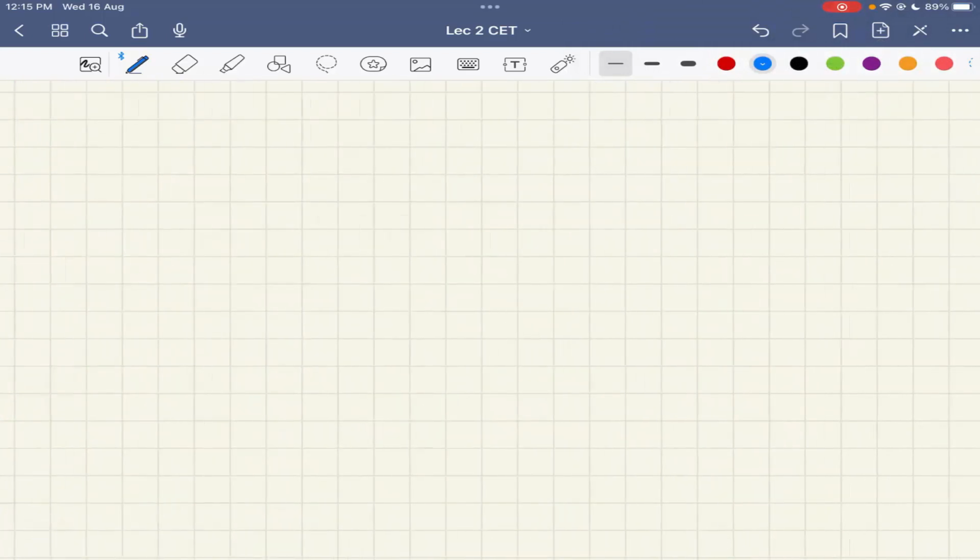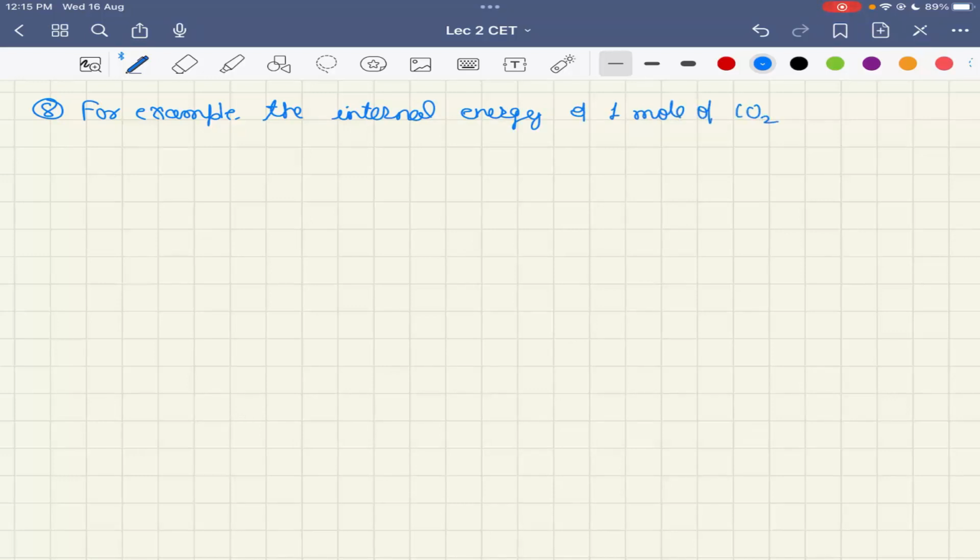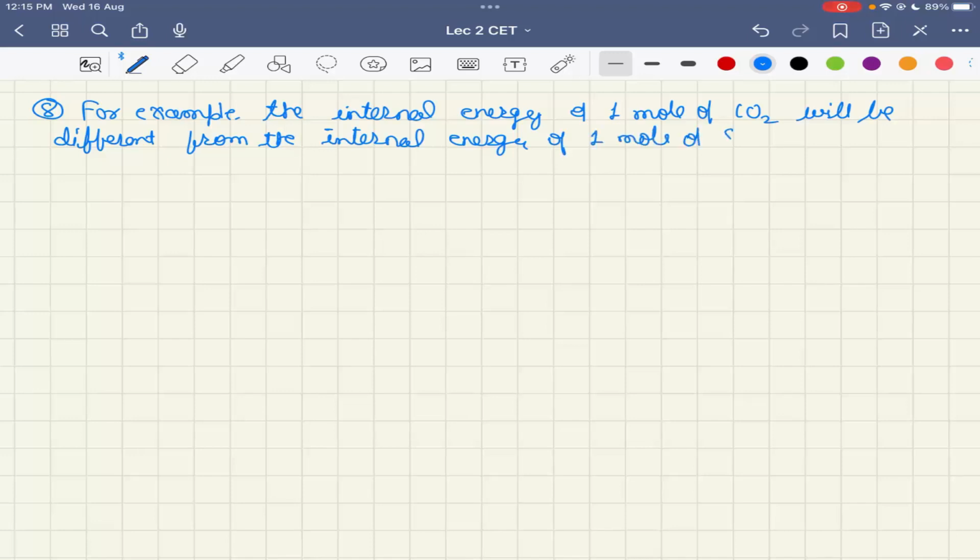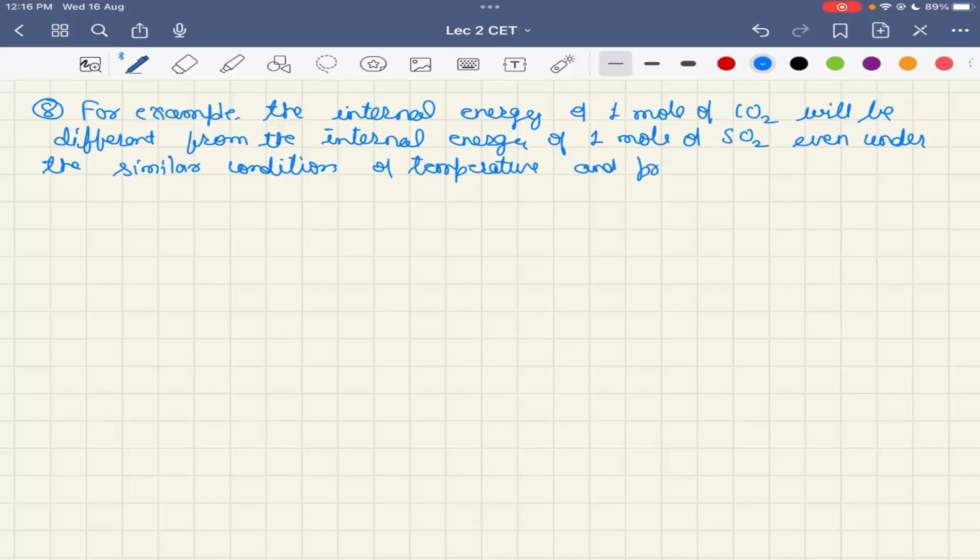Right? For example, this is point number 8. The internal energy of 1 mole of carbon dioxide will be different from the internal energy of 1 mole of sulfur dioxide, even under similar conditions of temperature and pressure.